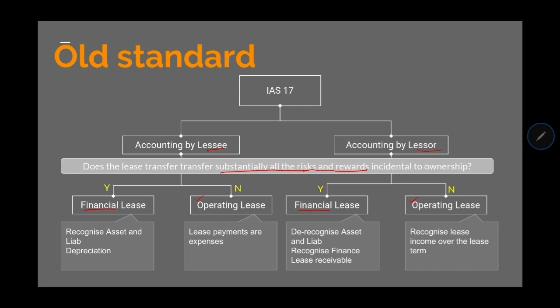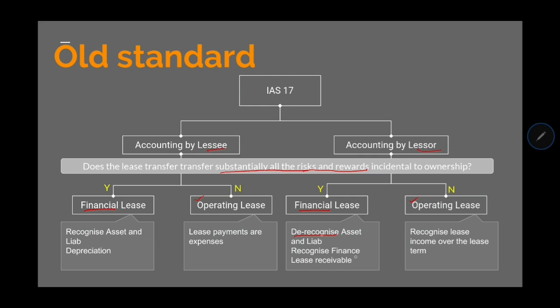In the books of lessor, when it's a financial lease, the lessor de-recognizes the asset and liability. Just opposite of what the lessee did, he recognized the assets and liabilities. In case of lessor, he de-recognizes the asset and liability. The lessor then recognizes a finance lease receivable for the money lent to the lessee.